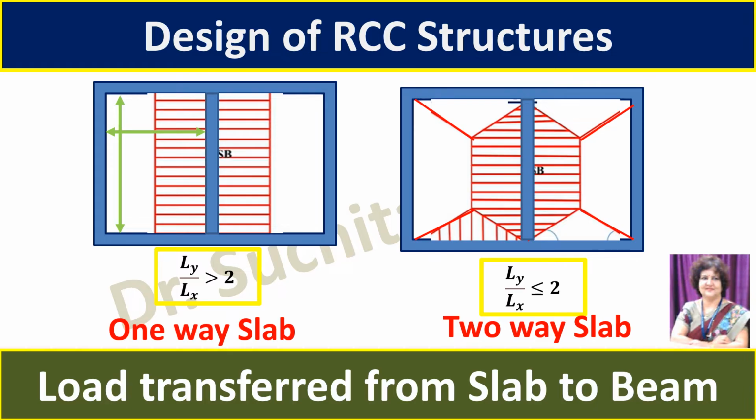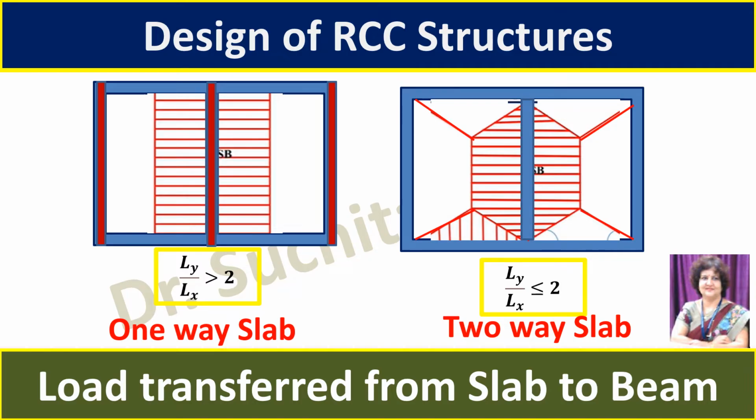Only Ly by Lx is not the sufficient condition to decide whether it is a two-way slab. In case of two-way slab, we must have the beams all over the slab. For example, in case of one-way slab, we can have beams only on two sides of the slab.